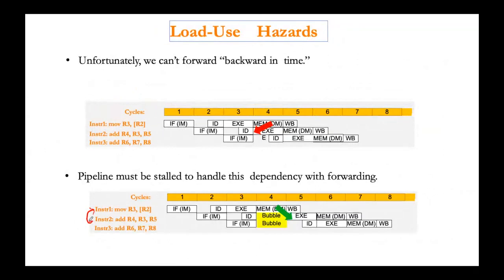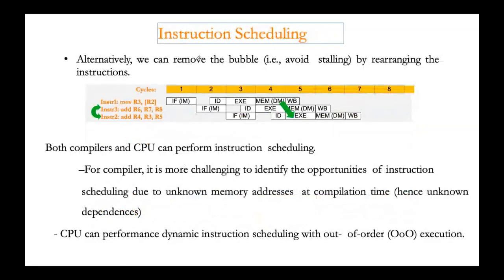Suppose you reorder this, taking the second instruction into the third place and the third instruction into the second place. In that case, by rescheduling, the first instruction will be executed at the fourth stage. So if this second instruction is executed after the third, then at the third cycle, the second instruction will be taken into pipeline execution.